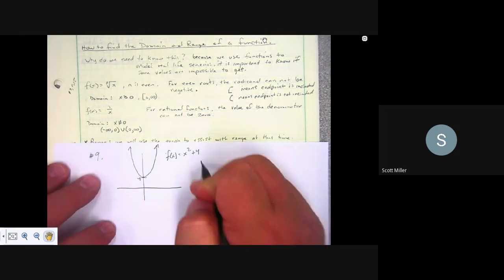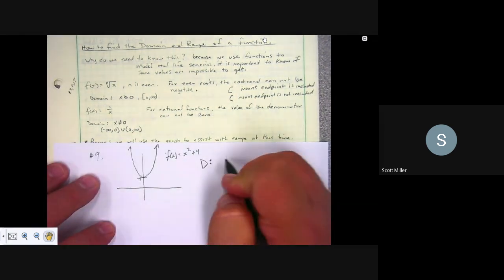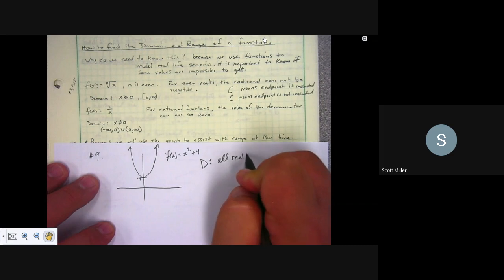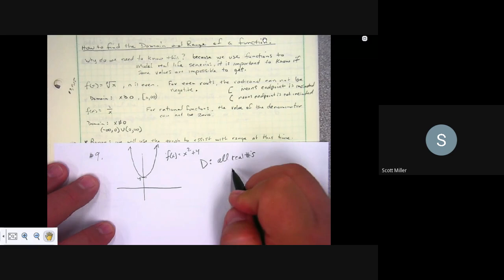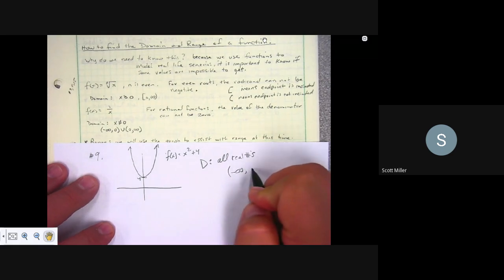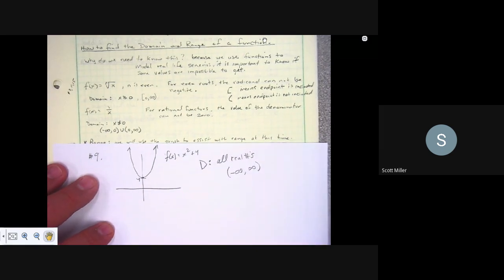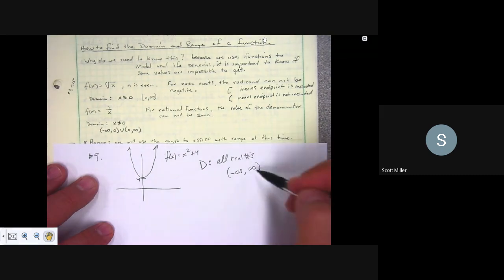So the domain of this function would be all the real numbers. You can just write all real numbers, or you can write it in interval notation, and it would just be negative infinity, comma, to infinity. So that interval right there. Either one of those two ways is fine. You can choose which one you feel more comfortable with. I'm fine with either one.